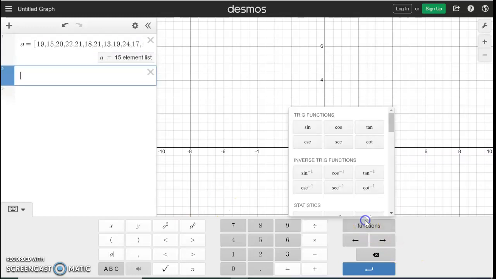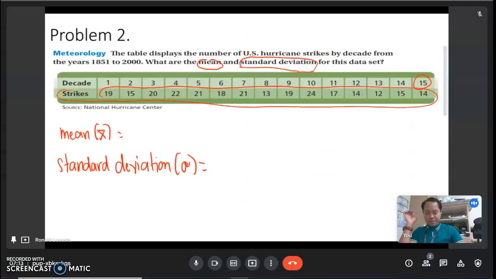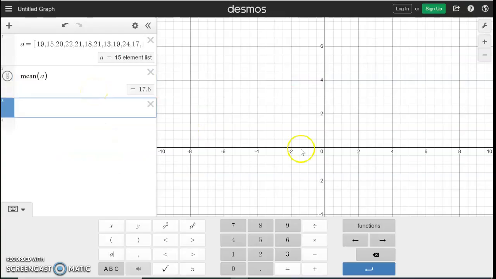Again, function, and then mean. You type there the set A. So you have 17.6. So my mean here is 17.6.